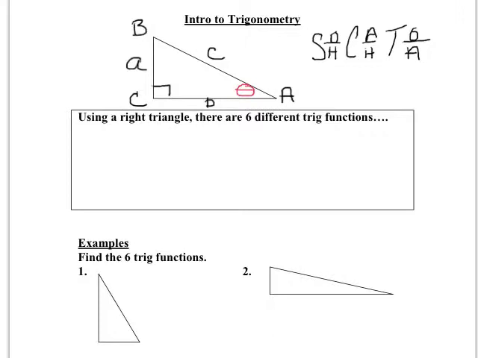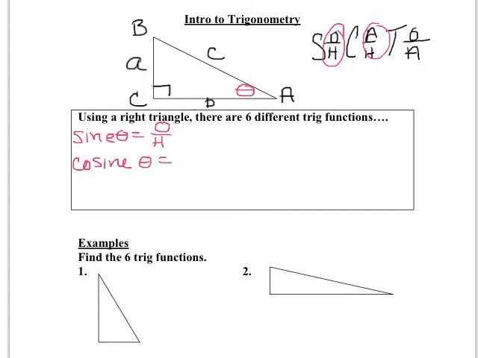So if I'm asking you what is the sine of theta, sine, which is S-I-N-E of theta, would equal, remember, opposite over hypotenuse. And then we have the next one being cosine of theta.